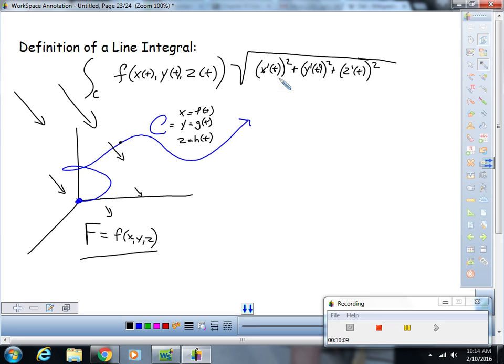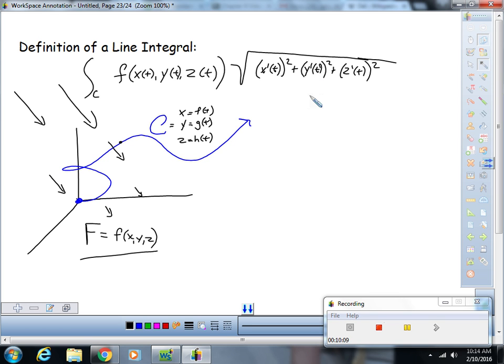Now, you might be wondering, why is this length? Remember when we were doing parametric equations, we were doing the components of acceleration, the centripetal component and the normal component of acceleration. And remember how it was convenient to find arc length if we turn these into a parameter of s.